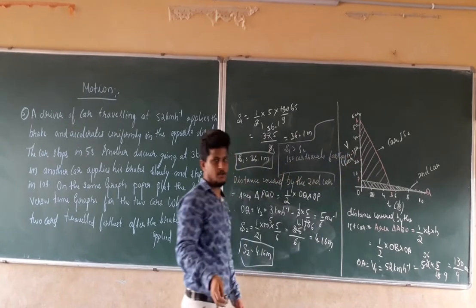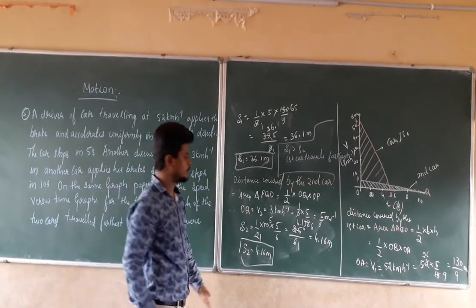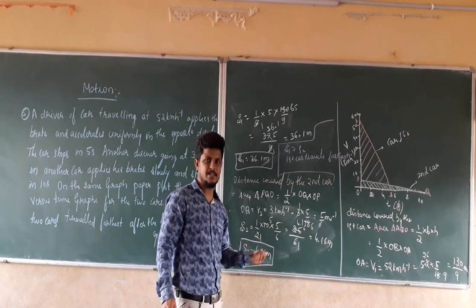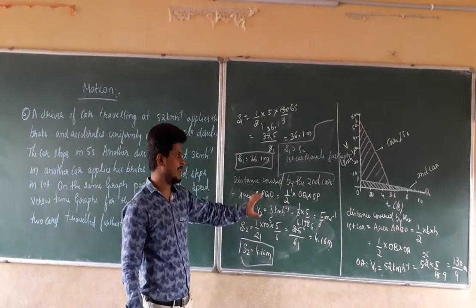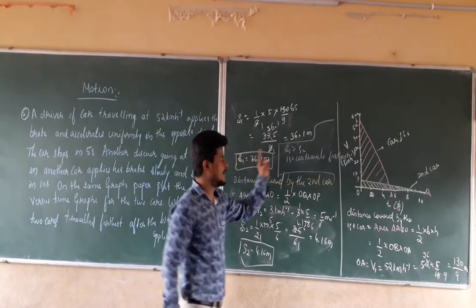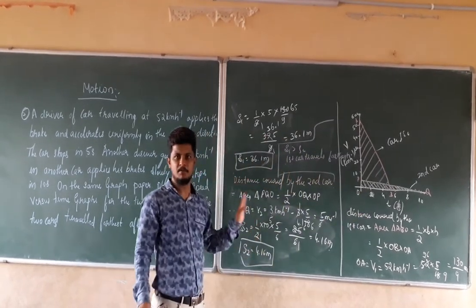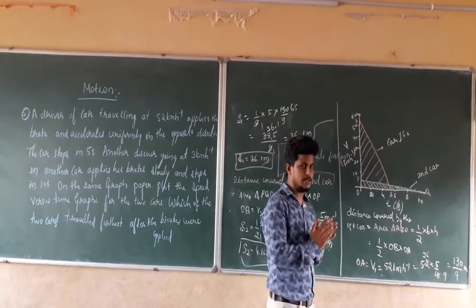The first car is going to travel 36.1 meters after the application of the brake. In the same manner, the second car is going to travel 4.16 meters after the application of the brake. By solving everything, we came to know that the first car travels farthest compared to the second car after the application of the brake. This is how you have to solve this question.